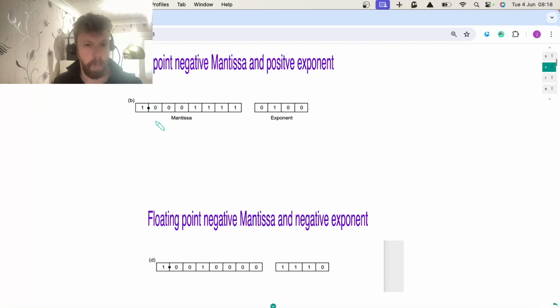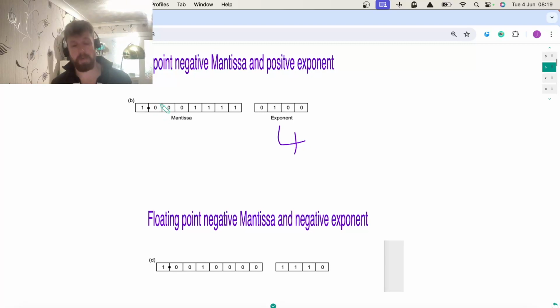It's got a 1 0 there. It doesn't really matter which order you do this in, but 2's complement the exponent, which is 4. That tells us that we have to move it 4 places to the right. The number is going to get larger, and then what we need to do is 2's complement this before we start moving the exponent.